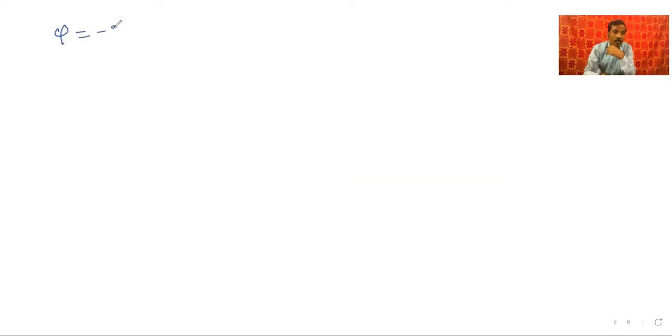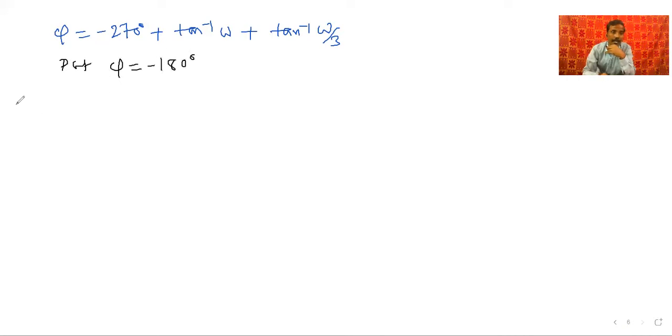Phi equals minus 270 degrees plus tan inverse omega plus tan inverse omega by 3. Then put phi equals minus 180 degrees.